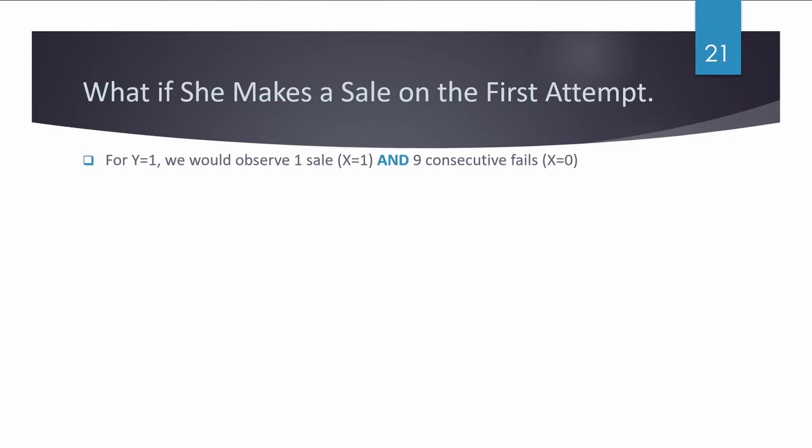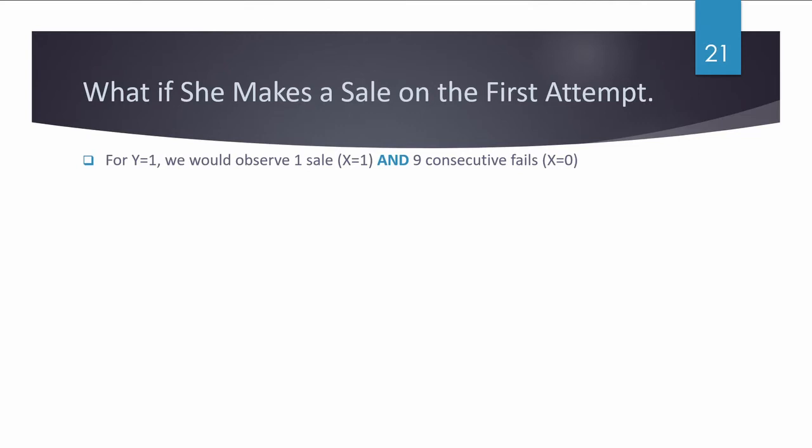Suppose she makes the sale on her first attempt. Then for us to observe her make only one sale, that is Y equal to 1, we would observe one sale on the first attempt, X would equal 1 the first time, and then we would observe 9 consecutive fails.